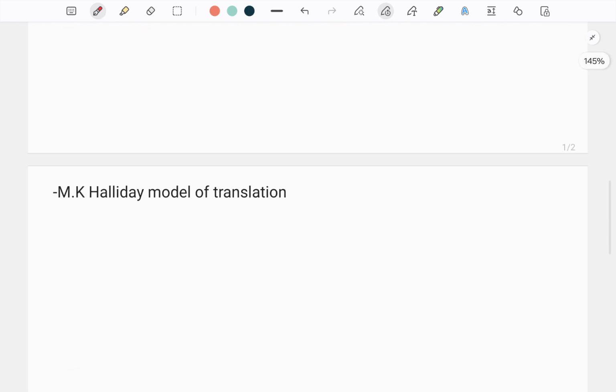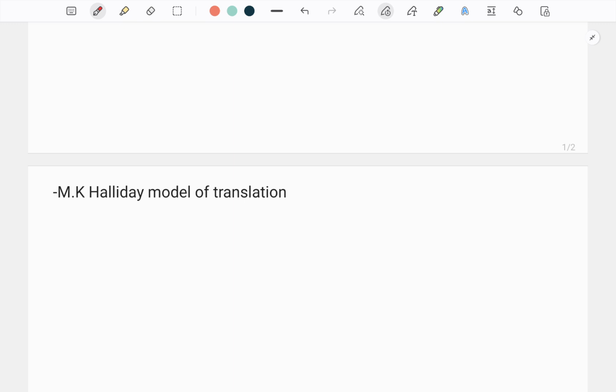Next we have a theory given by M.A.K. Halliday. The Halliday model of translation was very famous, and we will discuss this model. What was the Halliday model? According to Halliday, translation is an operation performed on language.